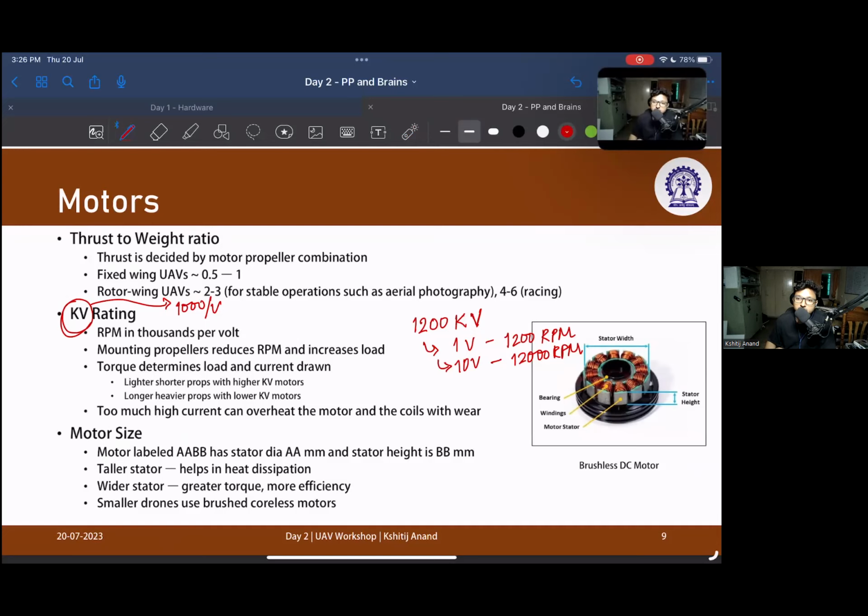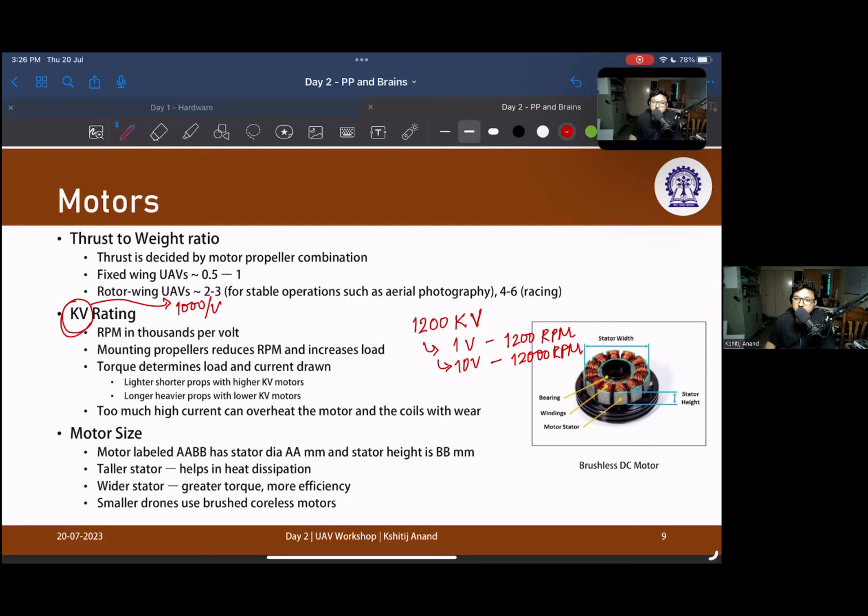When the propellers are small, they spin fast and produce the same amount of torque. And if you have smaller motors, you can use bigger propellers. If the RPM is really high, then use smaller propellers. If the RPM is low for the motor, then use heavier propellers. Too much current can overheat the motor, and the coils will wear.